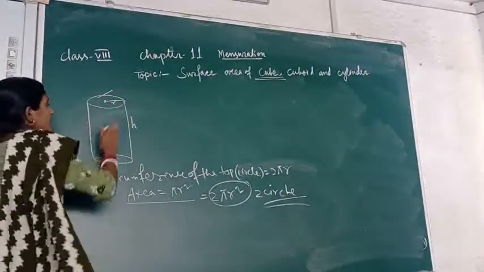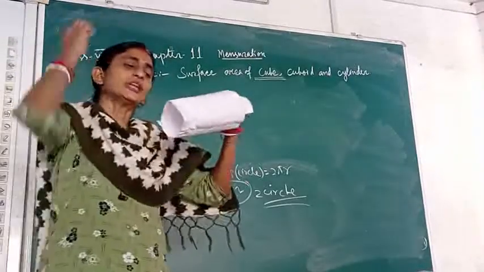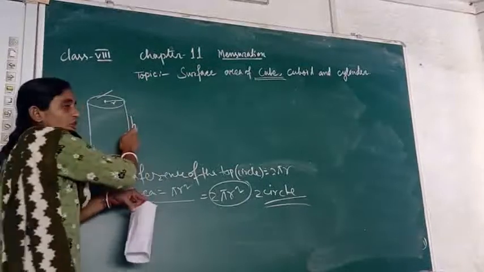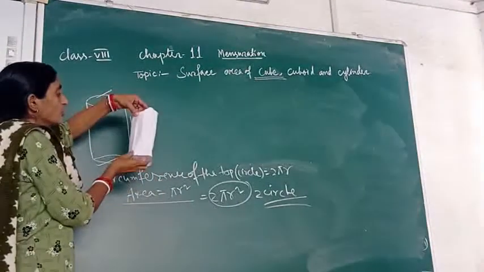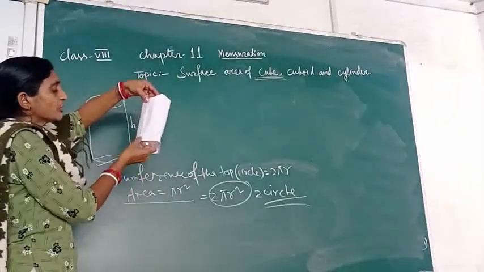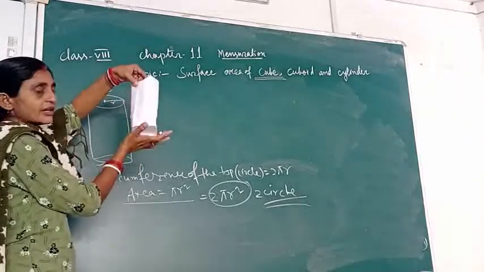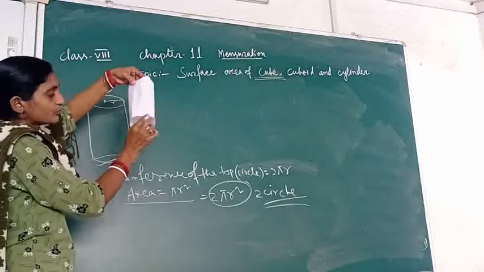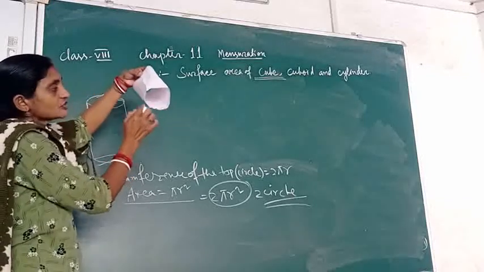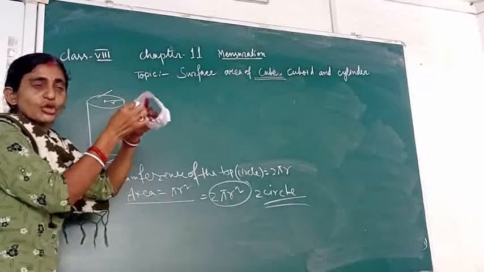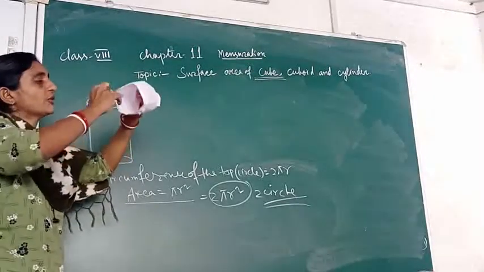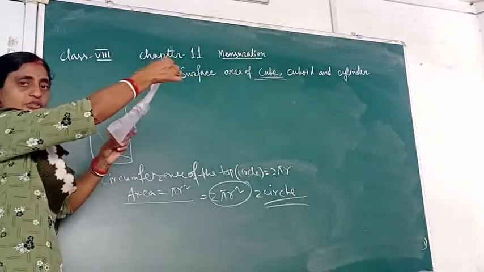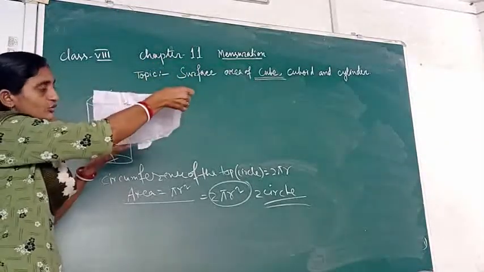Now what will happen for this lateral surface? Let's consider this height to be h. Here I have marked. Now if I am opening this one, this was the circle I had, and when I am opening, that will be the end of this side. You can see this is the circumference of the circle. Now when I open this one, or if I cut that cylinder, I am getting a rectangular sheet.